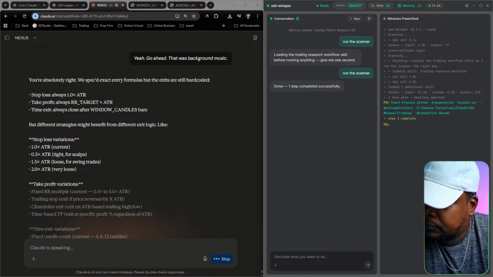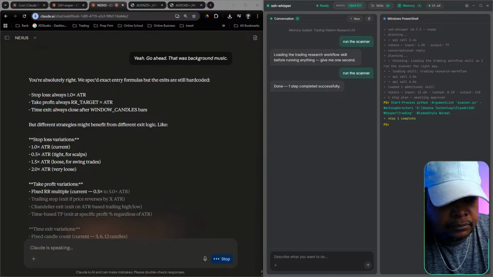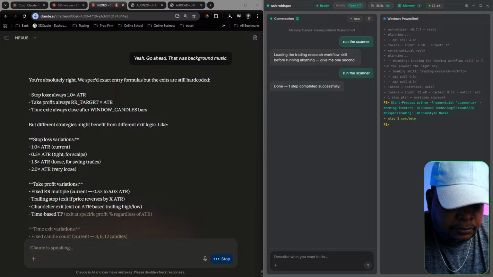Take profit variations: fixed RR multiple, currently 0.5x to 5.0x ATR. Trailing stop, exit if price reverses by X ATR. Chandelier exit, exit on ATR-based trailing high low. Time-based TP, exit at specific profit percent regardless of ATR.